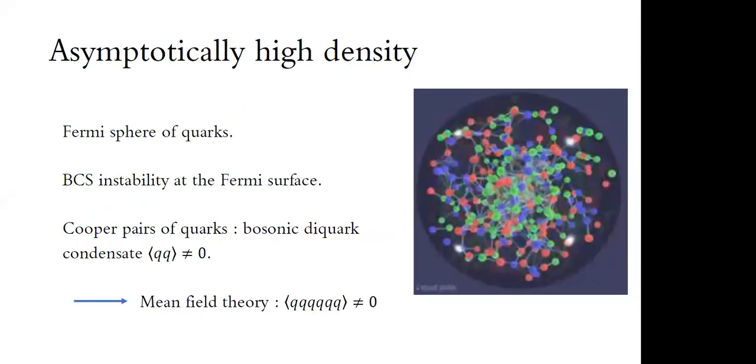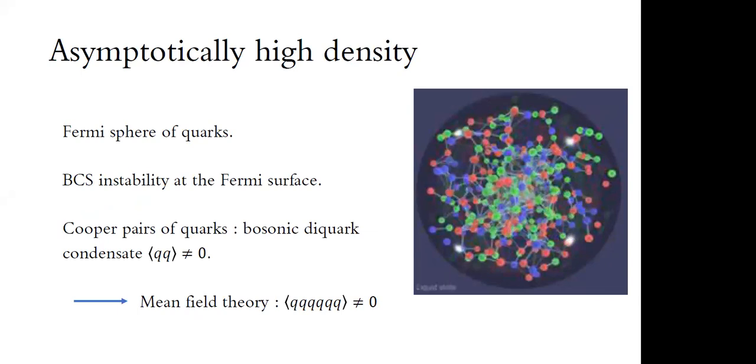Now, what do we expect inside quark matter at high density? You have a Fermi liquid of quarks, a Fermi sphere. There's a BCS instability at the Fermi surface, which gives rise to Cooper pairing of quarks, just like what you saw in electromagnetism, or ordinary superconductivity. So you have a bosonic diquark condensate, QQ is not equal to 0.